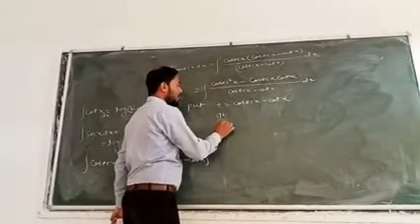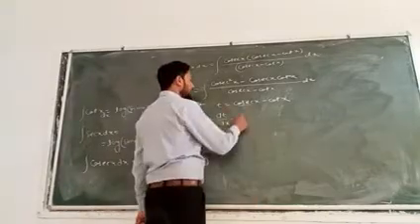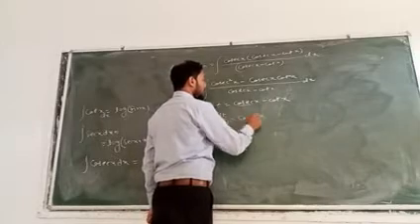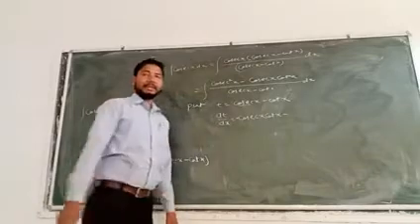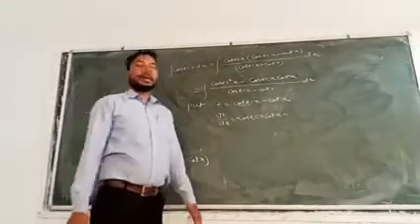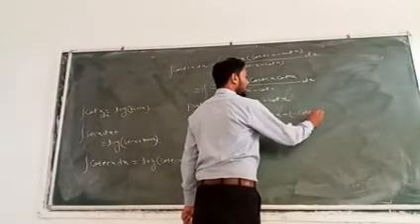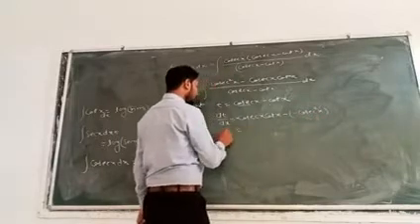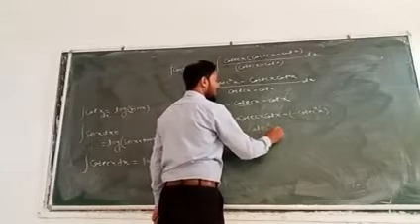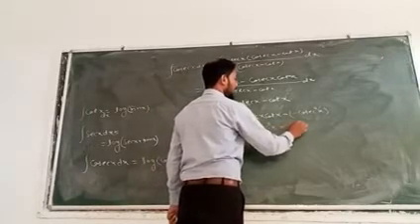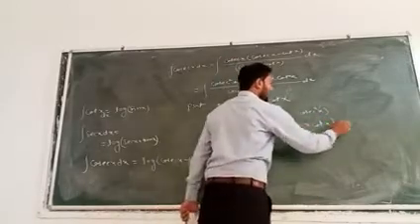Differentiating both sides with respect to x, the differentiation of cosec x is minus cosec x cot x, and the differentiation of cot x is minus cosec square x. Now we find dt is equal to cosec square x minus cosec x cot x into dx.